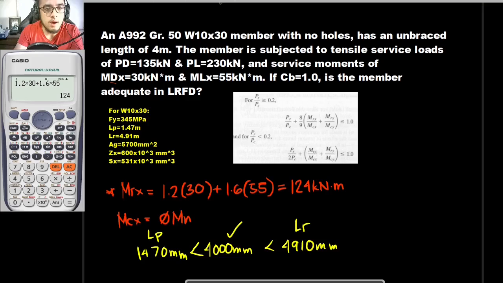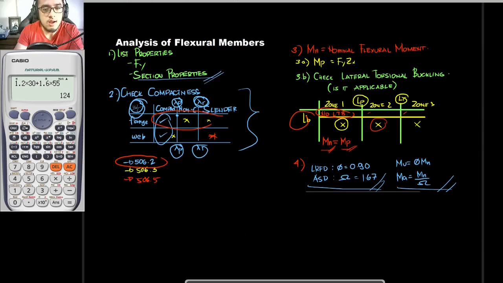So going back again to this particular slide right here, if your Lb is greater than Lp and your Lb is less than your Lr, you are to solve for your Mn using the formulas in zone 2. So we are in zone 2 now, and from that, lateral torsional buckling is already present in our design.